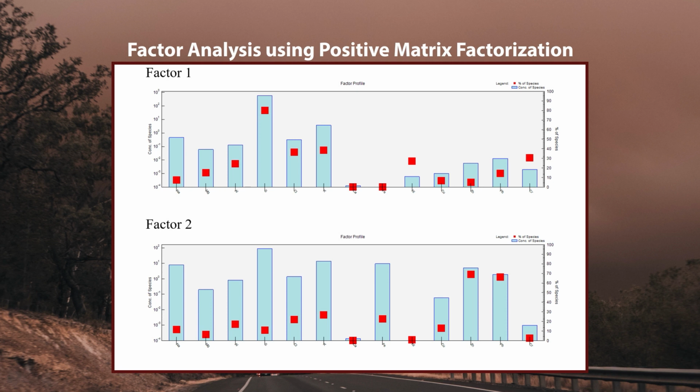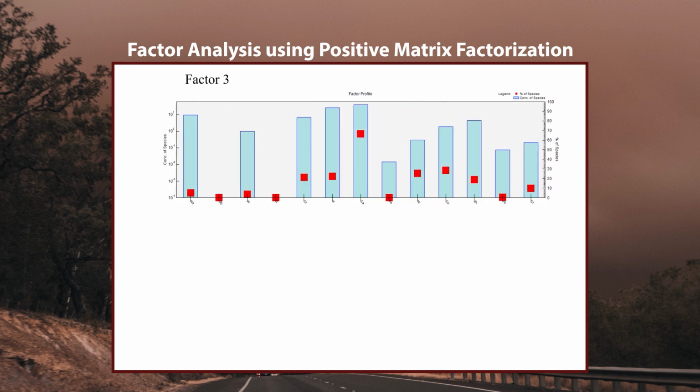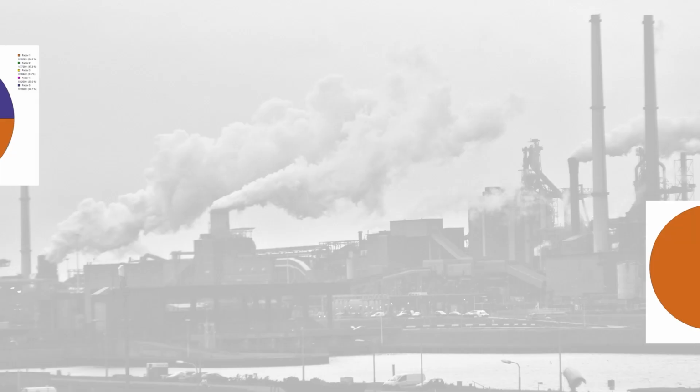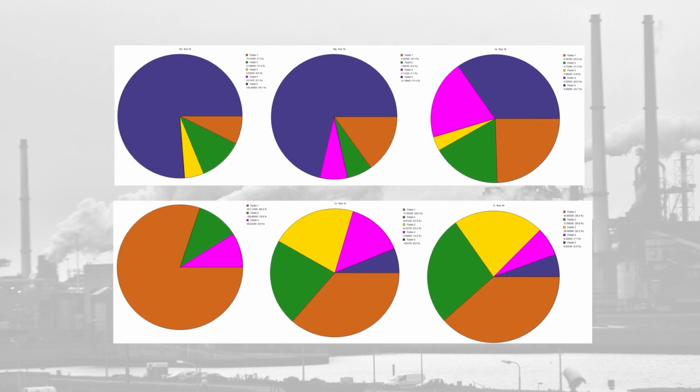It gives different factors from a set of data. We get factors like factor 1, factor 2, factor 3, and factor 1 may be vehicular pollution, given in blue. Each circle denotes a different place.